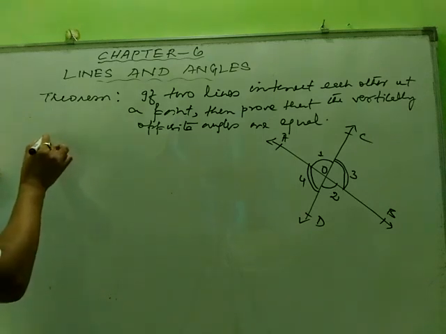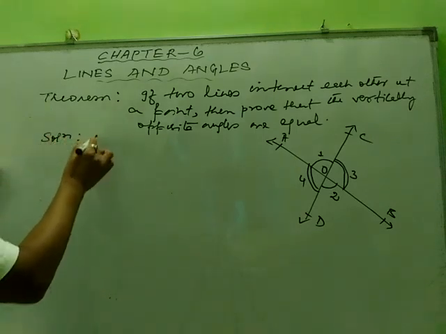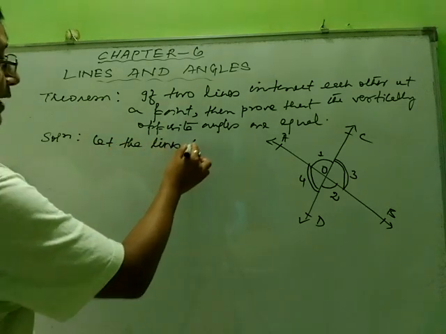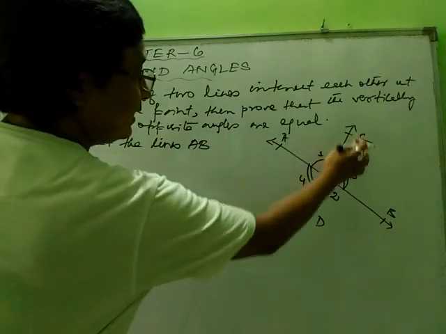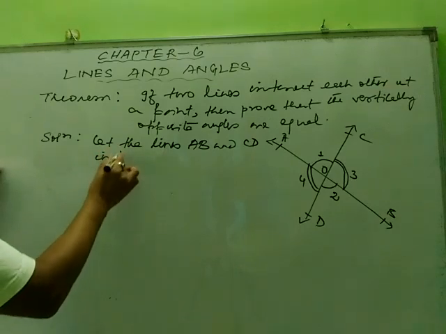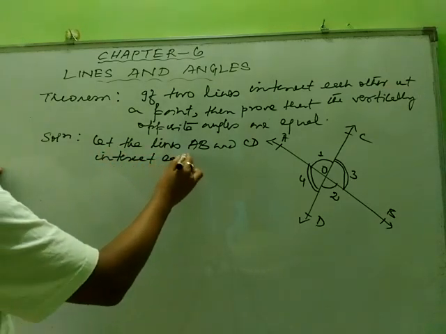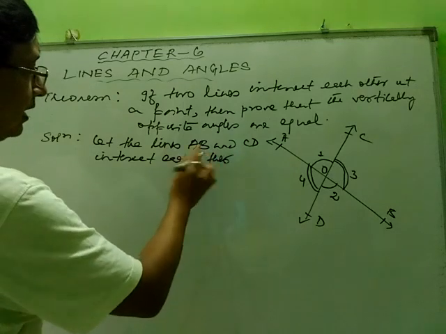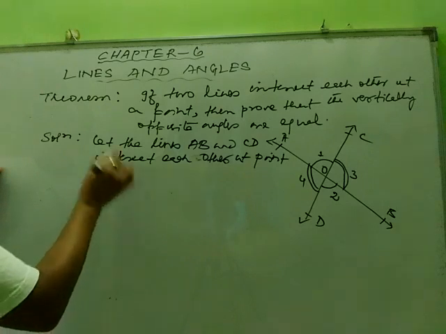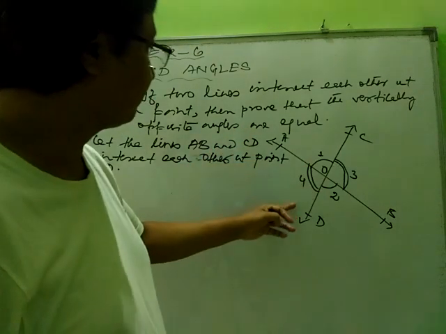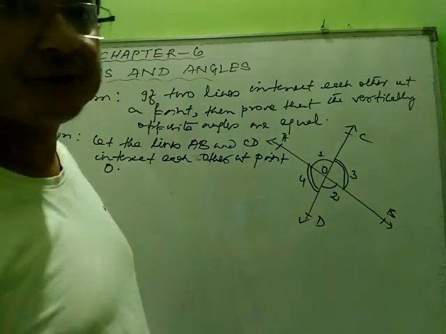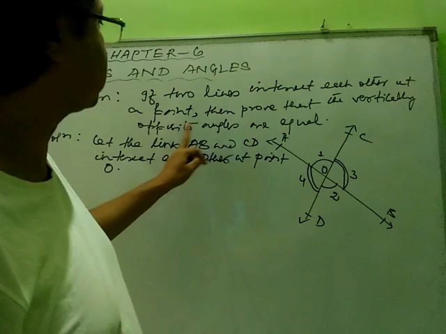Now, let the lines AB and CD intersect each other at point O. Then in that case they have told you to prove the vertically opposite angles are equal.